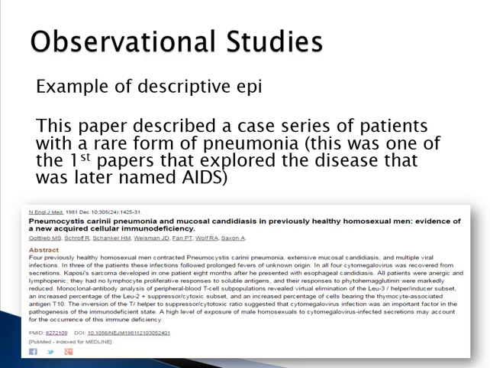Here's an example of a purely descriptive epi study. This was a case series published back in 1981 in the New England Journal of Medicine. And it is one of the first papers that explored the disease that was later known as AIDS. If you think about 1981, no cell phones, no internet per se, how were things communicated?